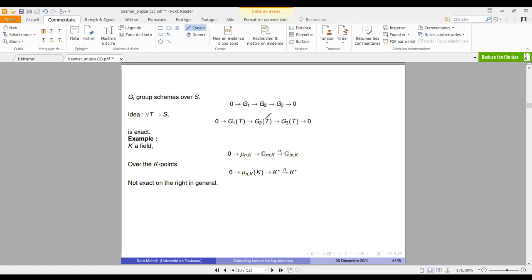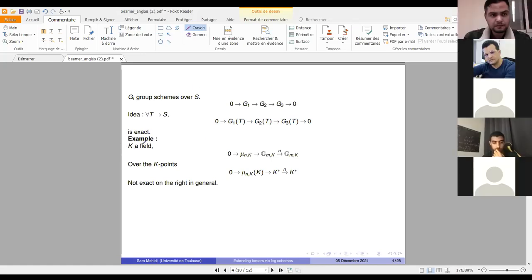For example, when K is a field, so when the base is the spectrum of a field, take for S the affine scheme Spec K. I take for G2 the multiplicative group over K, and G3 the multiplicative group over K. Here, the map is just taking an element to the nth power.